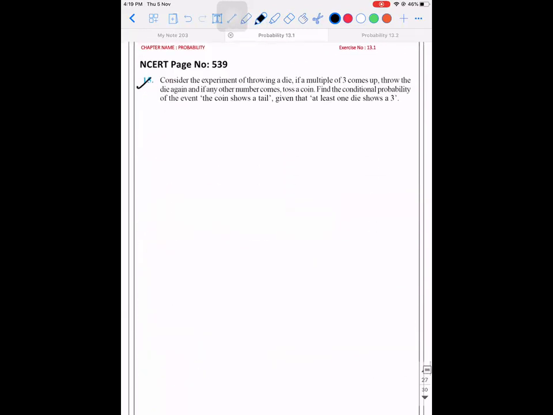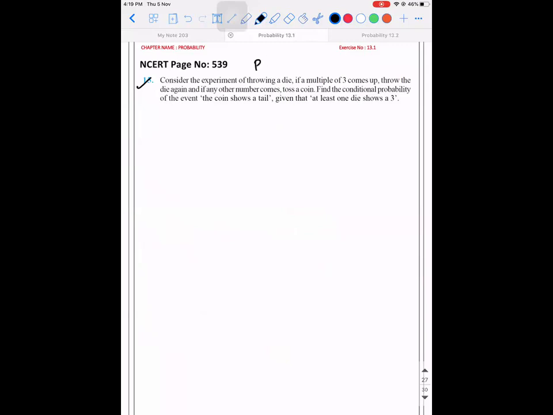So moving on to the next one, the 15th. Consider the experiment of throwing a die. If a multiple of 3 comes up, throw the die again. And if another number comes up, toss a coin. Find the conditional probability of the event that the coin shows a tail given that at least one die shows a 3.